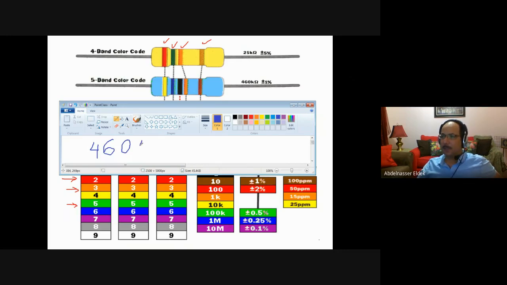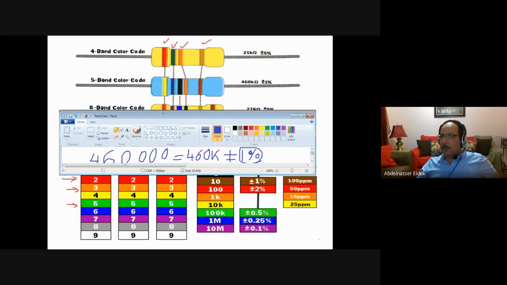Orange is 3, so you add 3 zeros. 1, 2, 3. So actually, it's 460K, 460 kilo ohm. Plus or minus the tolerance. The tolerance here is plus or minus 1%, as explained here in this figure.